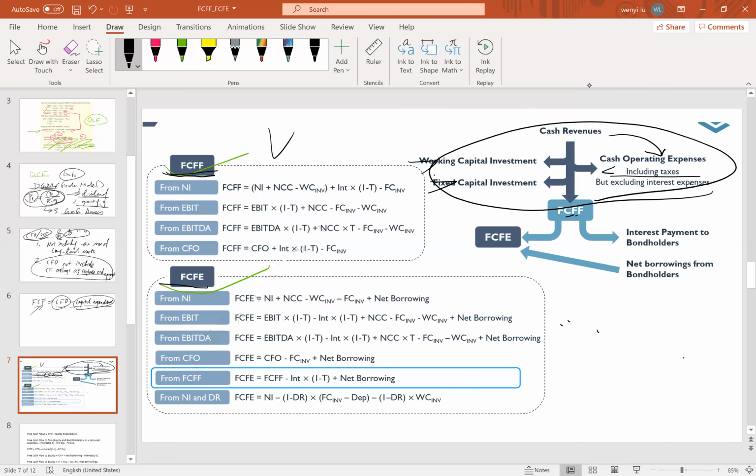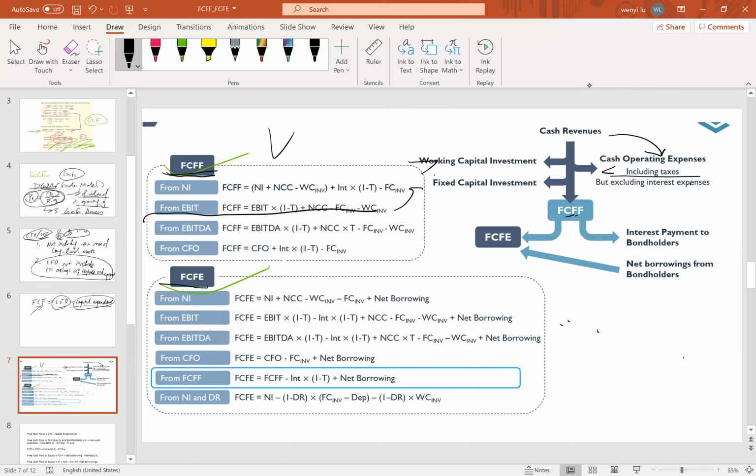And then the other three equations you can actually derive from this one. You can base on the EBIT formula to derive the other three formulas. For example, you know the EBIT times 1 minus T, then plus interest, is the net income.